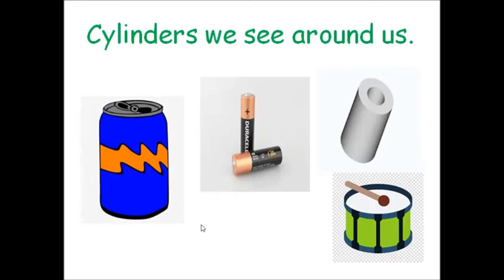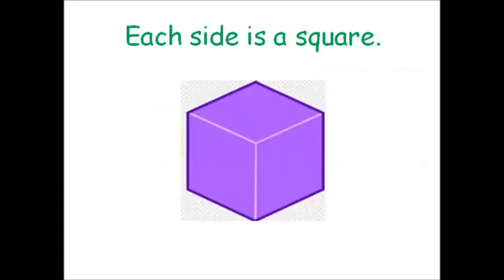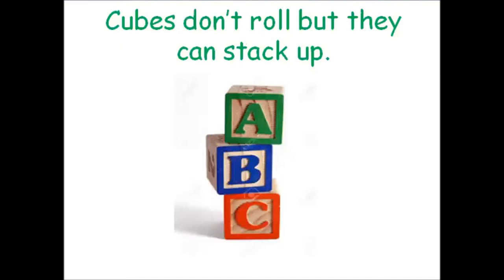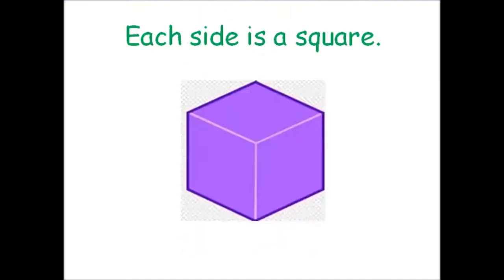All right, so in our next lesson for mathematics, we will look at one more shape. Today we have learned about our cubes, and today we have also learned about our cylinders. Always remember the most important thing: cubes stack up. Cubes are made of squares.